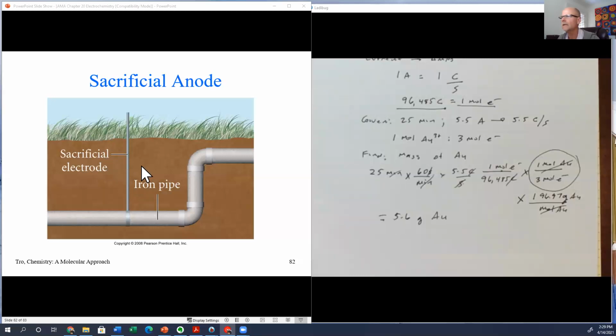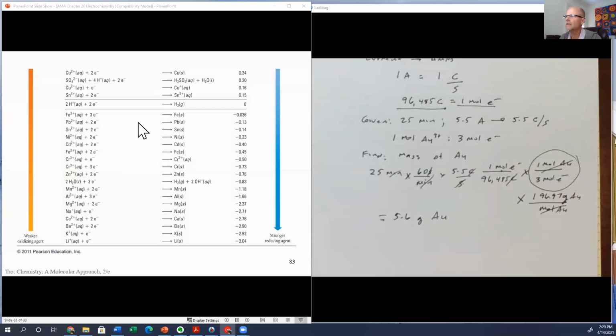iron. So if you look here, here's the oxidation of iron right here. If you hook up iron to something like magnesium, what happens? Magnesium oxidizes instead of the iron, and it would in fact cause the reduction of iron 3+.